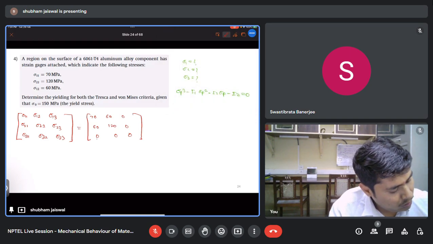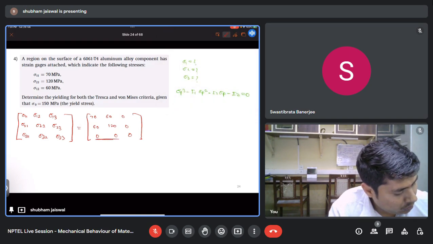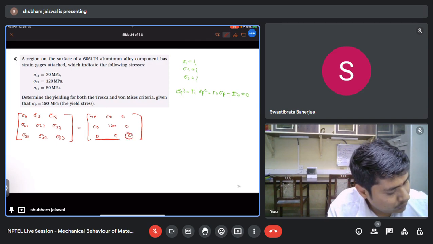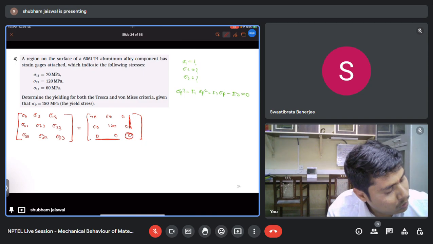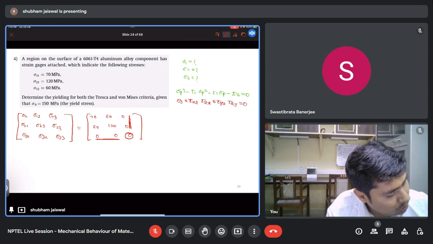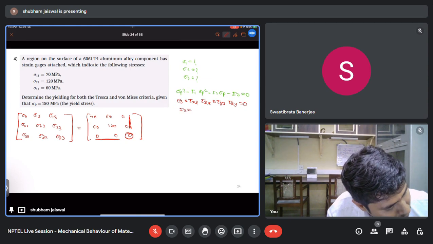As this is the case of plane stress, sigma 3 and tau xz and tau zx and tau yz and tau zy are equal to 0, so I3 becomes 0.